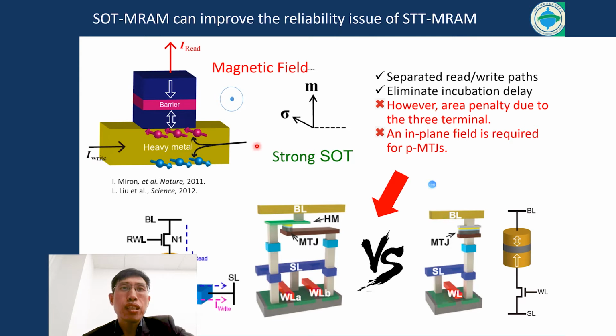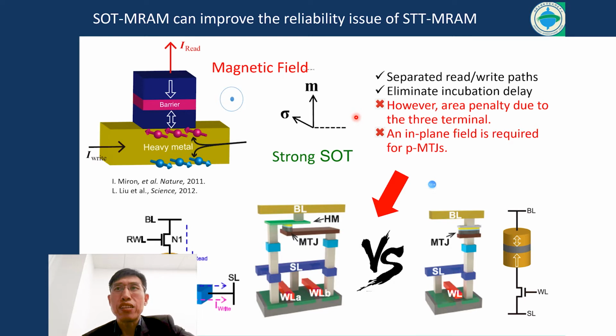We send a current not passing through the magnetic tunnel junction, but passing through the bottom layer. This is very similar to the transistor.